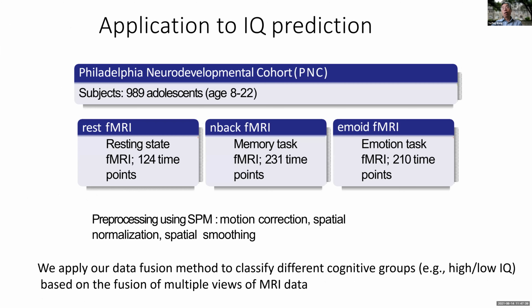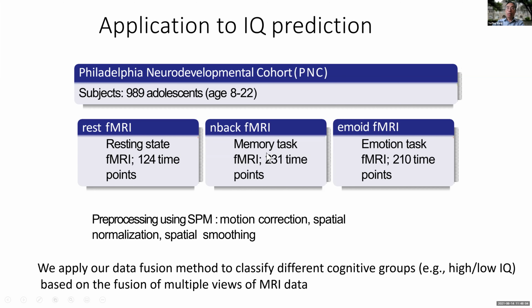Now I will show the application of this method to IQ prediction. We test our approach on the Philadelphia Neurodevelopmental Cohort study, or PNC study. For the PNC study, we have multimodal or multi-paradigm fMRI data.